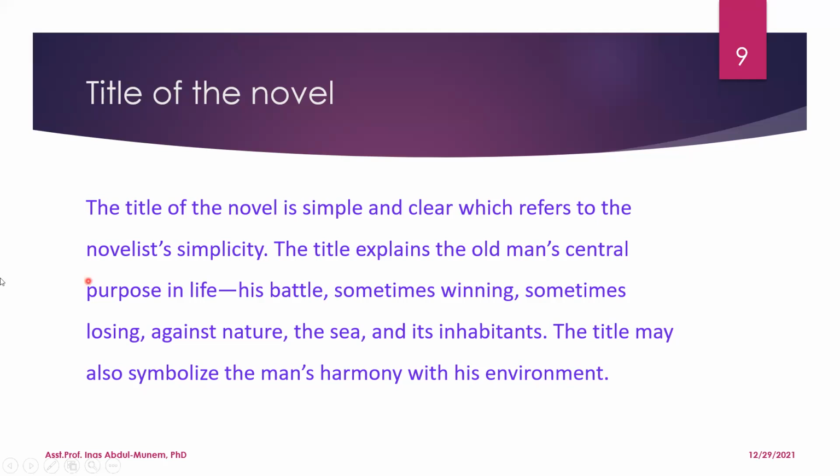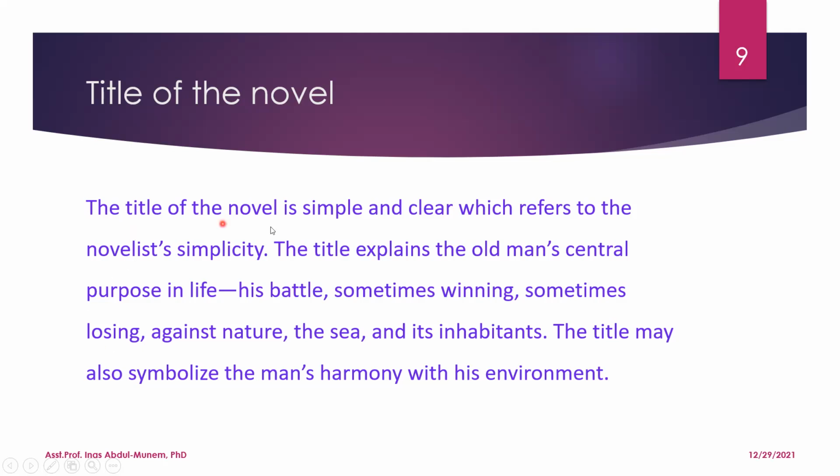So here let's see how this title is different somewhat. Why? Because you don't feel that the old man is completely against nature, but you feel that sometimes he is in battle with nature, and whether he won or lost, he appreciates both situations.